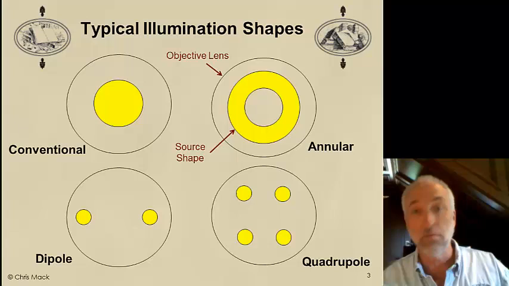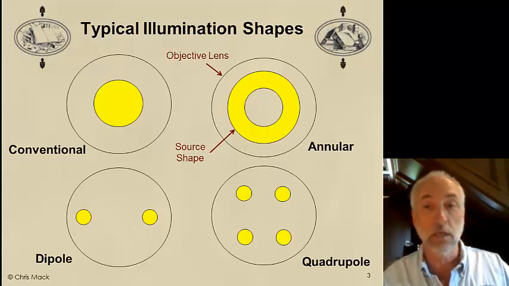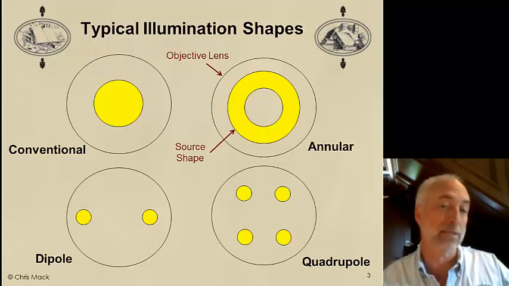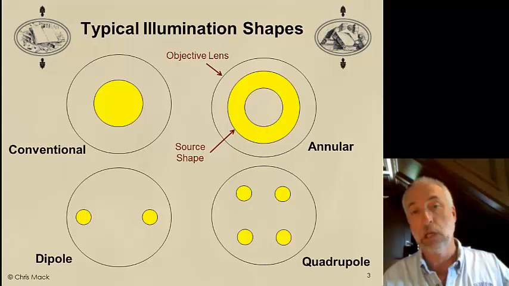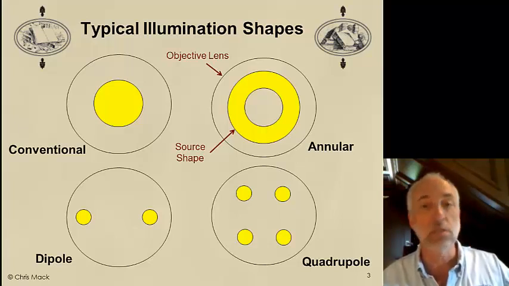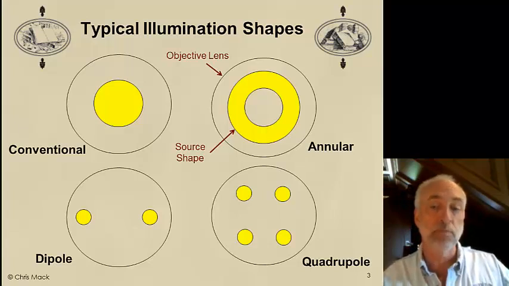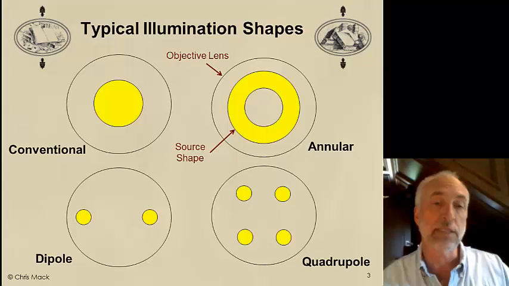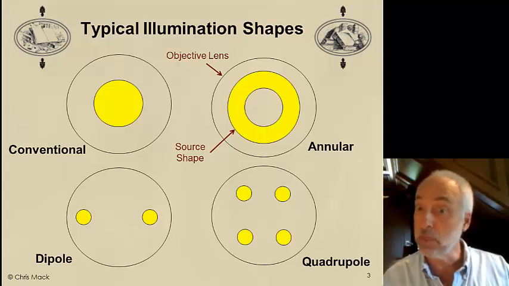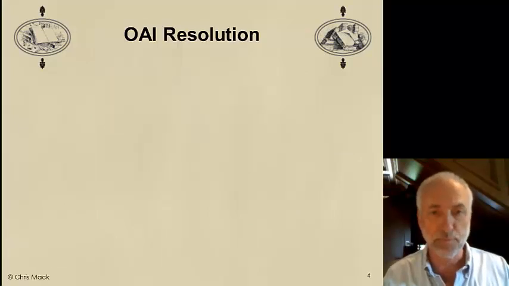And the three most popular shapes, besides conventional disc-shaped light, are annular illumination, quadrupole illumination, and dipole illumination. We won't really have any chance to go into the reasons why one shape is better than another, other than the very general idea that off-axis illumination can improve both resolution and depth of focus. So let's look at that.